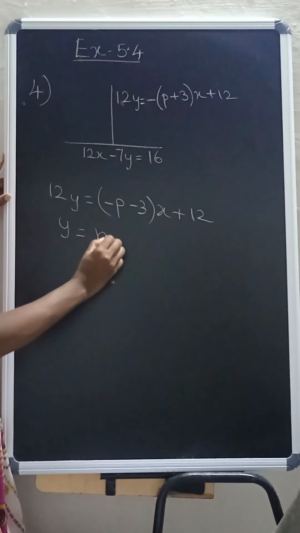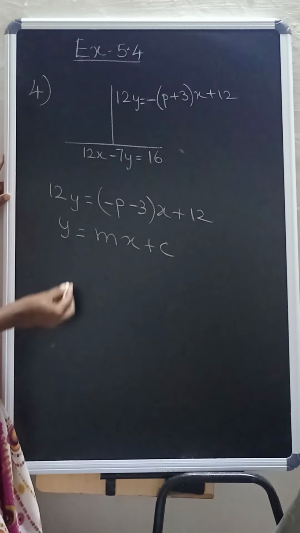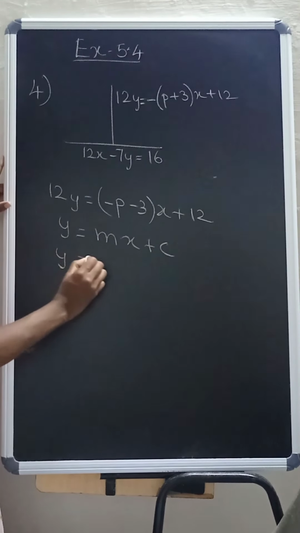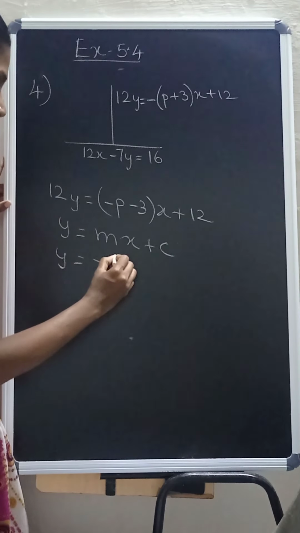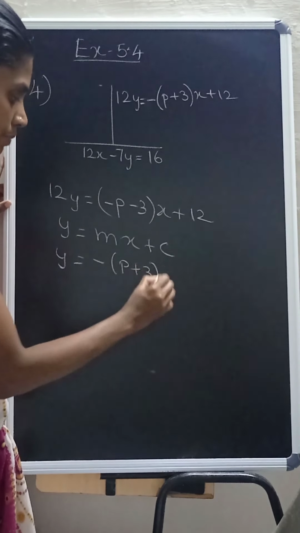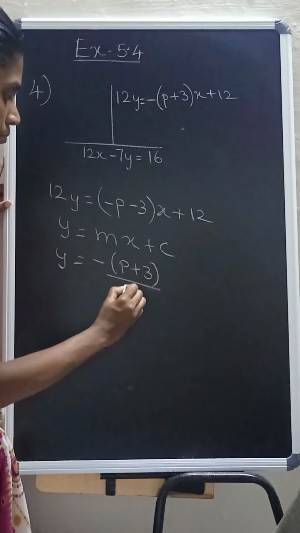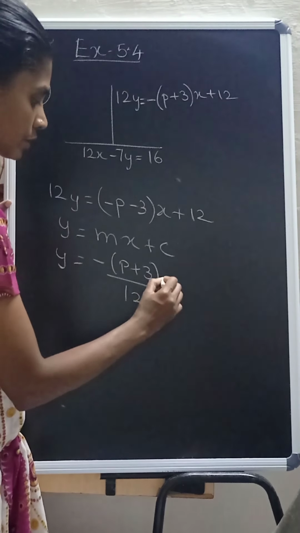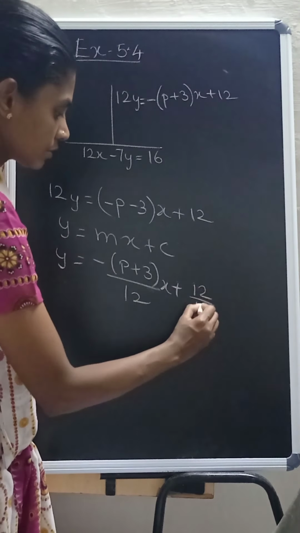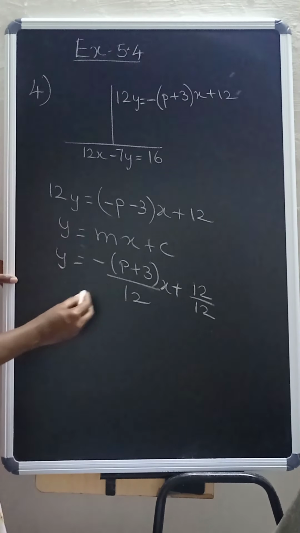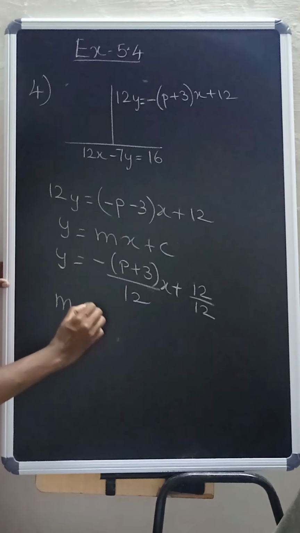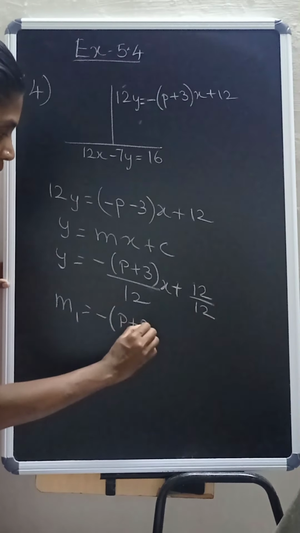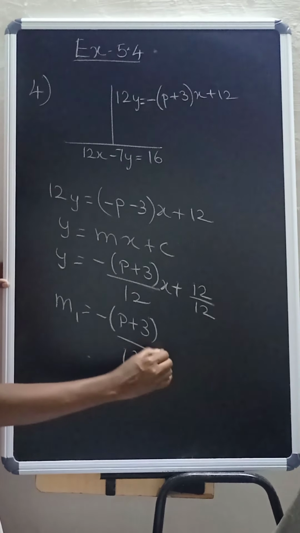Now bring it to the form y is equal to mx plus c. So you will get y is equal to minus of p plus 3 by 12 into x plus 12 by 12. This is nothing but 1.